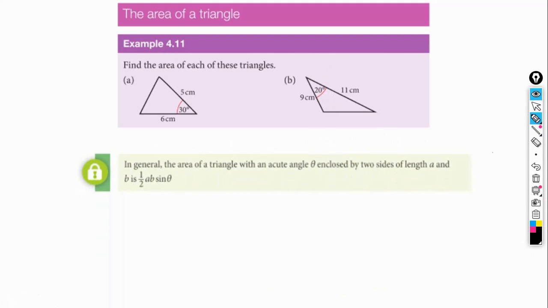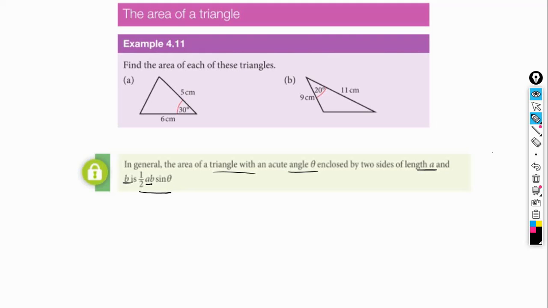So in general, we can say that the area of a triangle with an acute angle theta enclosed by two sides of lengths A and B is 1/2 A times B times sine of theta. So notice that we got the same expressions before, right? The only thing that varies here is the order. We have A times B, but notice that it would be the same as what we did before.